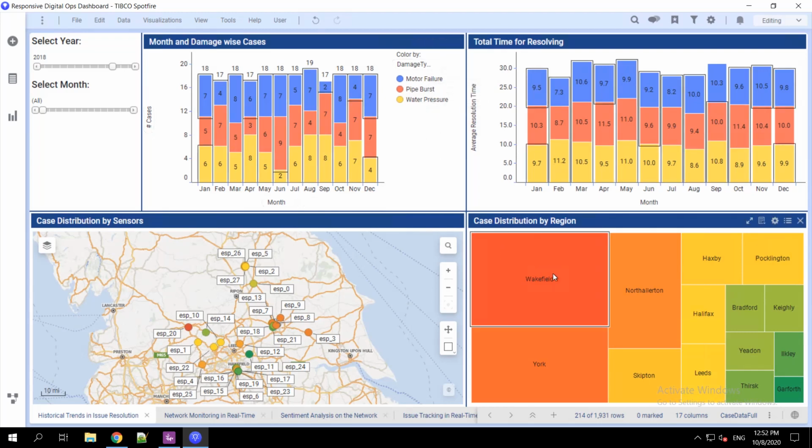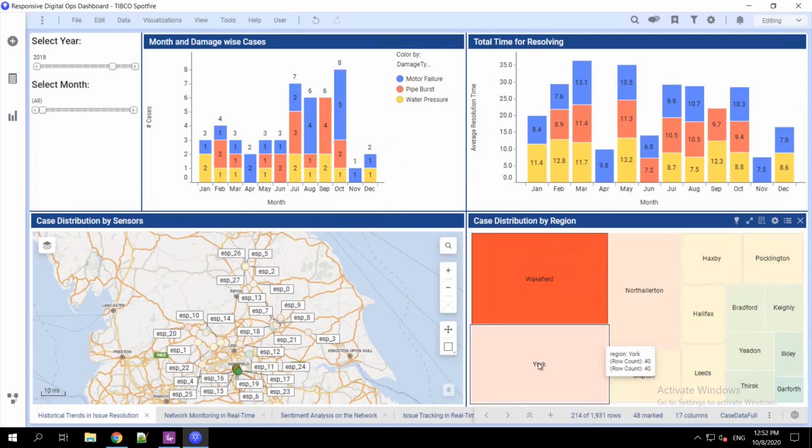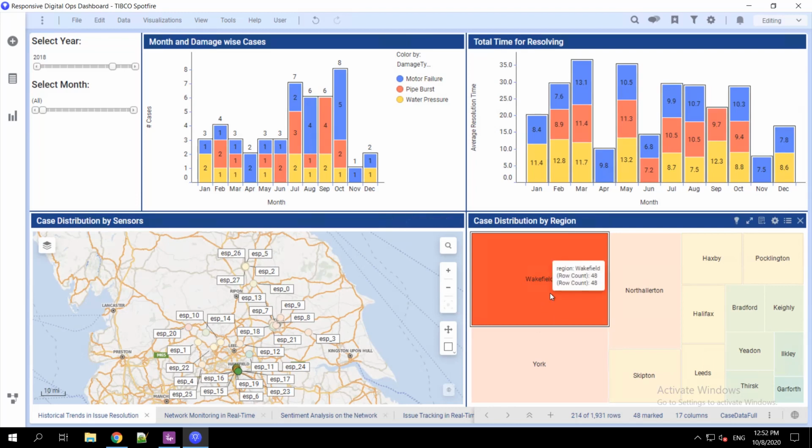Spotfire allows us to interactively select and look at the data for areas of interest. So these are the various regions in the network. I'm looking at how this region is performing because this region holds the highest number of issues.